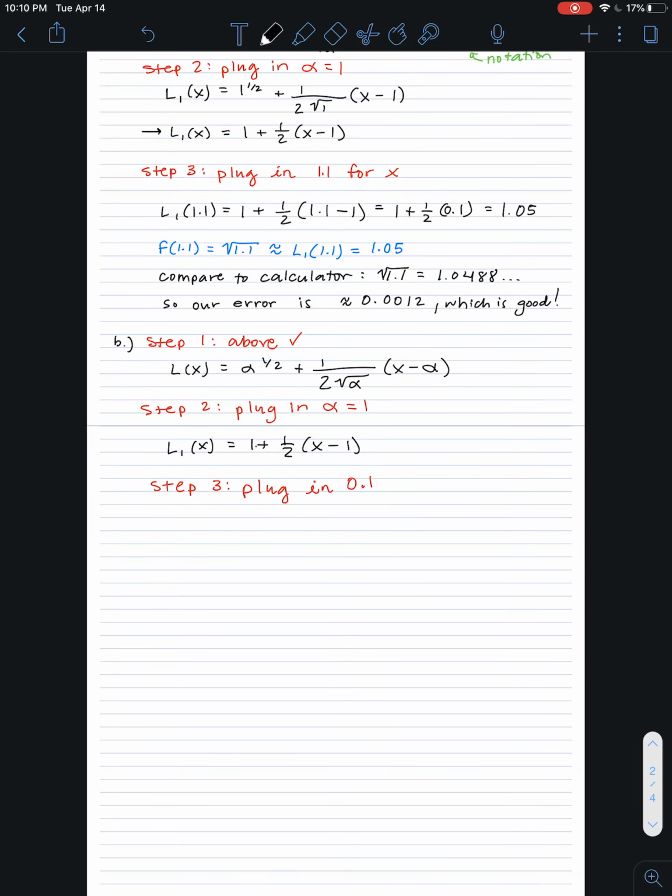So we're going to have L sub 1 of 0.1 equal to 1 plus 1/2 times 0.1 minus 1, which is 1 plus 1/2 times negative 0.9. So this gives us 0.55.